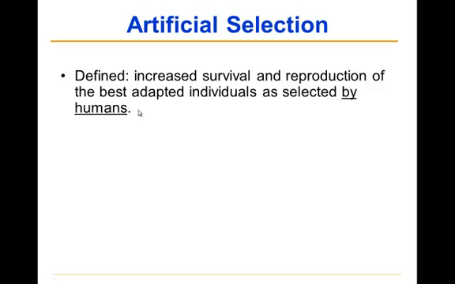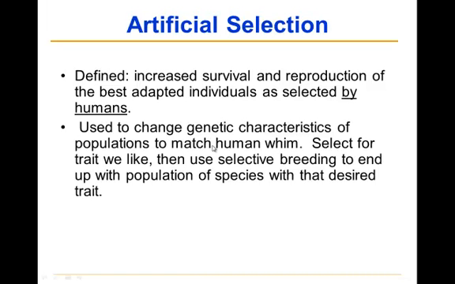In natural selection, it's nature or the environment that selects, and in artificial selection, it is humans. Another name for artificial selection is selective breeding. Humans select which individuals breed and which ones don't. And so this is a practice, plant breeding, animal breeding, that can be used to change the genetic characteristics of lineages of organisms to match human whim.